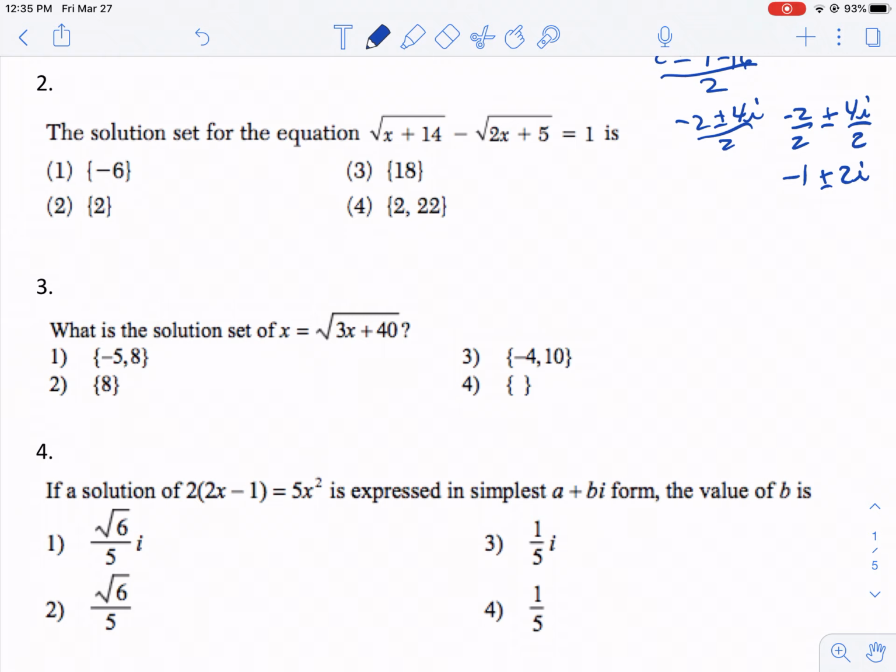3. Number 2 is asking us to solve an equation that has radicals in it. And usually we tell you to isolate the radical and then square both sides, and quite frankly we can't do that because even if we move the other radical to the right, we get square root of 2x plus 5 plus 1.